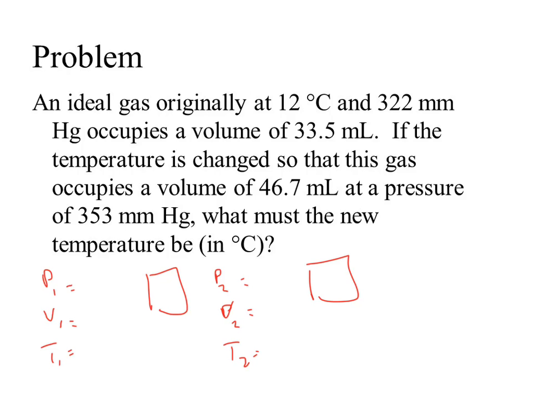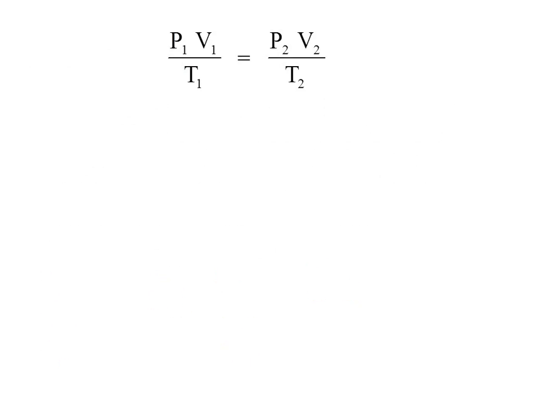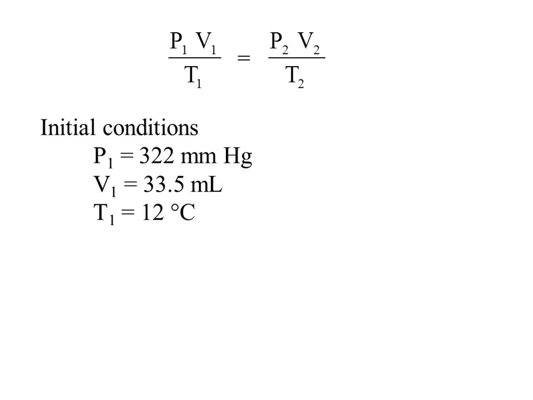Sometimes, if you're like me, with story problems like this, I have to go back and forth and concentrate. So from that paragraph, you can pull out these things. The initial pressure, volume, and temperature are this.